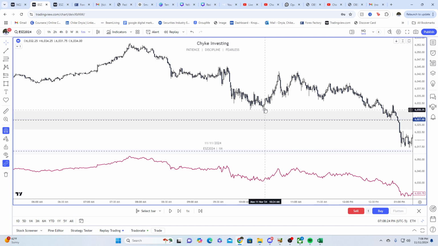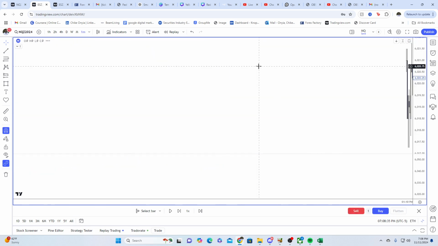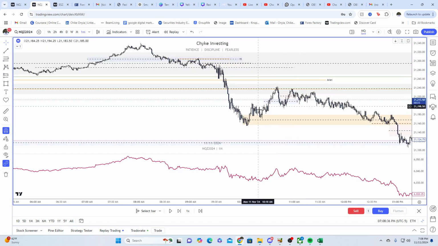So ES is reacting from a PD array. Plus, ES took out this low right here. But on NQ, at that same time, 10:23 right here, we did not take out this low. That's an SMT.